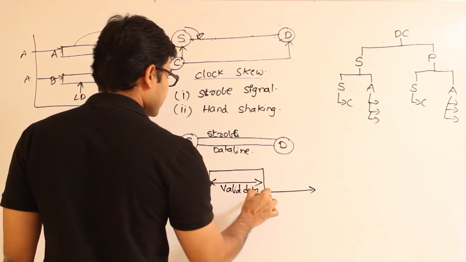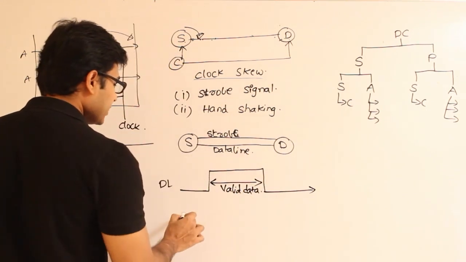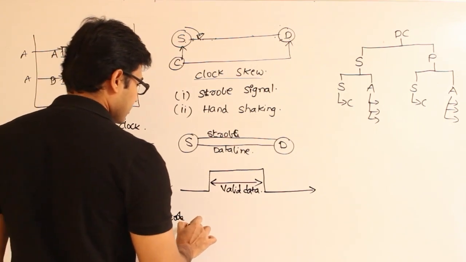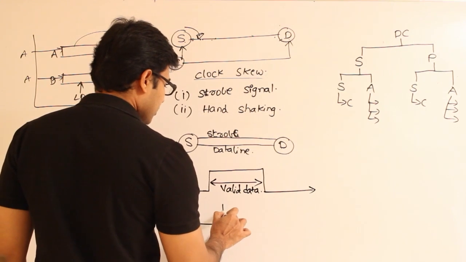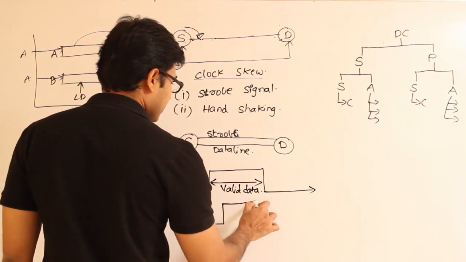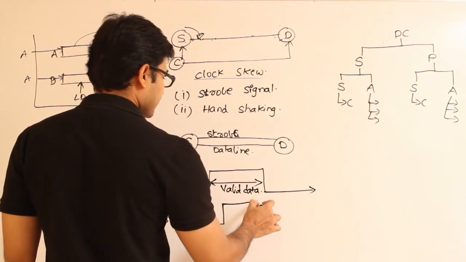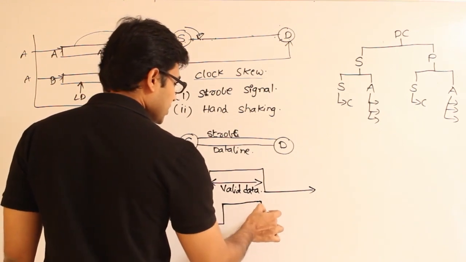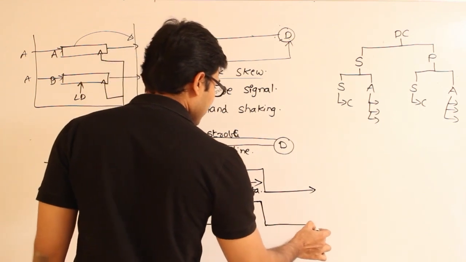And after placing the data, on the strobe line it is going to say, see, I have kept the data, and it lets the strobe stay there for some time, and then takes it off.